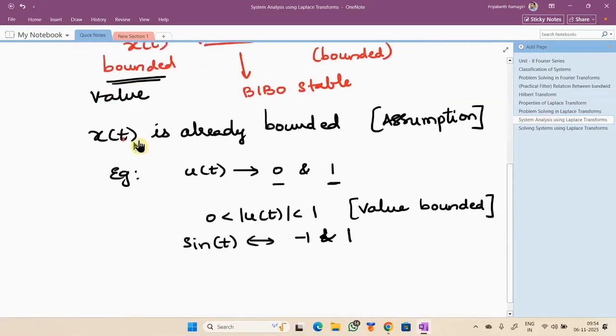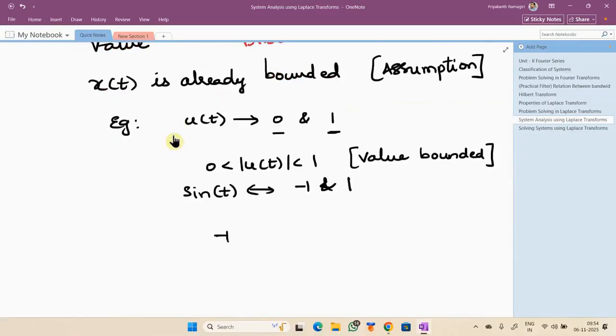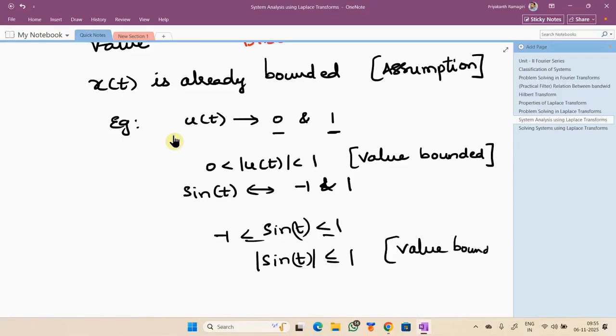That means it oscillates between minus 1 and 1. If I write modulus, then I can write that mod sin t is less than or equal to 1. I can also write like this. So this is also value bounded.